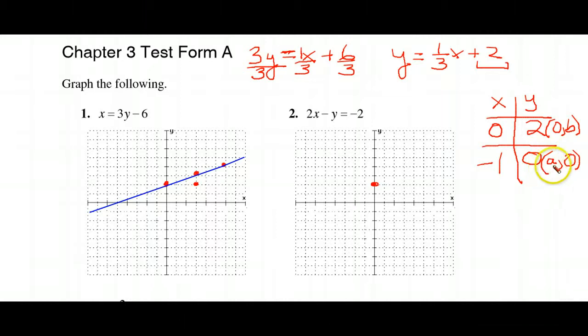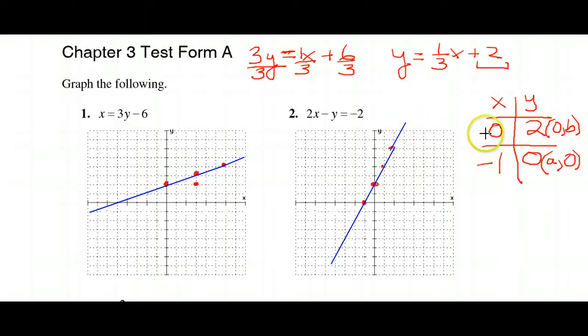That is your x-intercept. So -1, 0 right there. So it looks like over 1 up 2. So get a couple of points here. Over 1 up 2. Okay. Take my line tool now, and there we go.